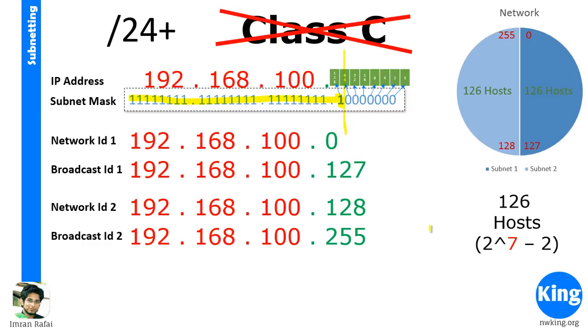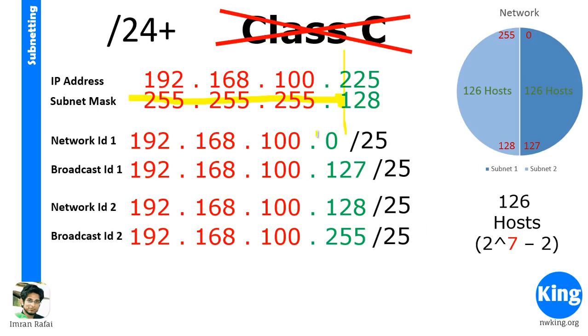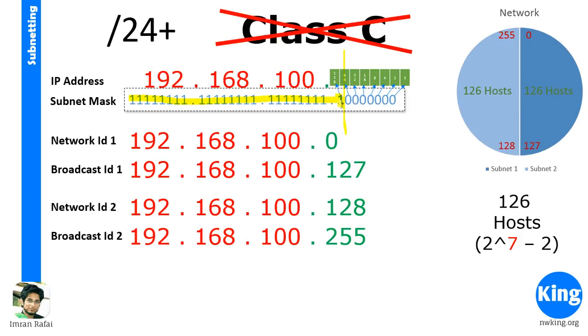So subnetting is nothing but borrowing a bit from your host part and creating a network. So you're breaking this network into two, borrowing one bit. Originally, if you remember, the subnet mask was 255.255.255.0. Now the new subnet mask, because we borrowed one bit, this part, so let me take another color.